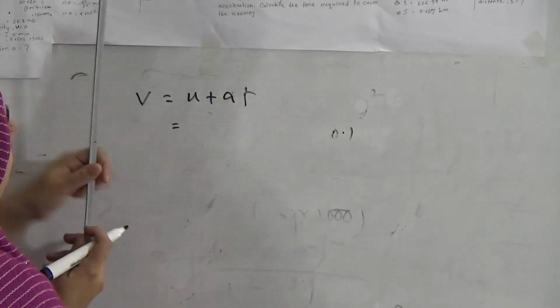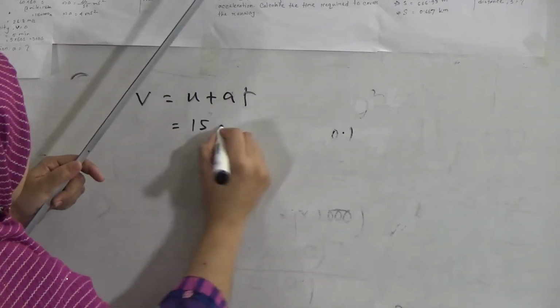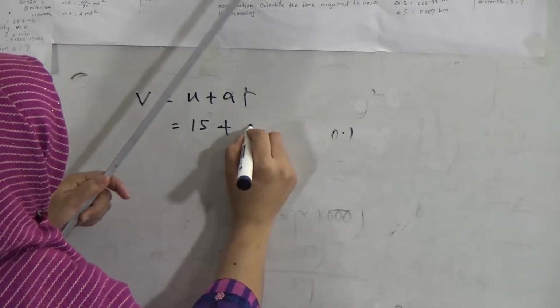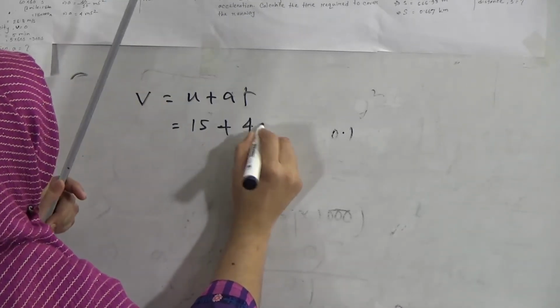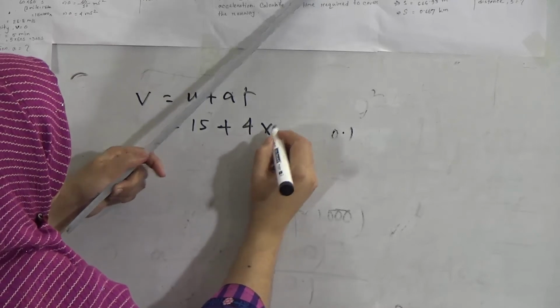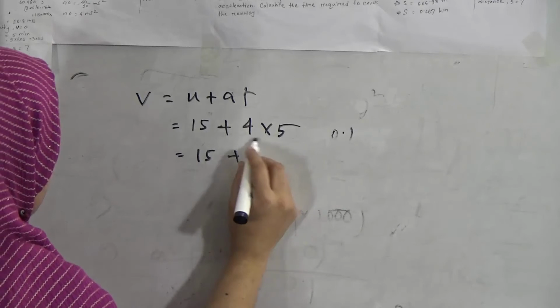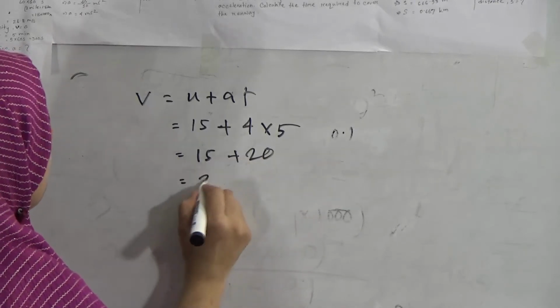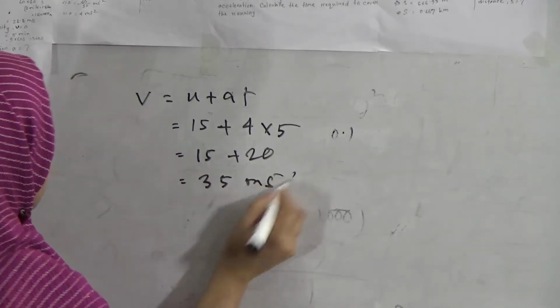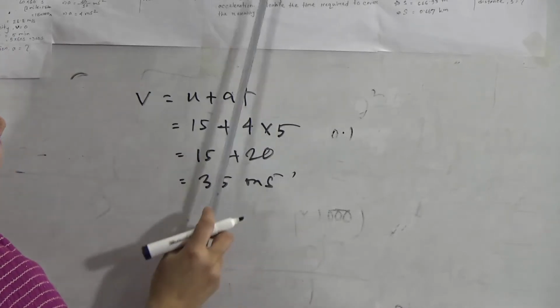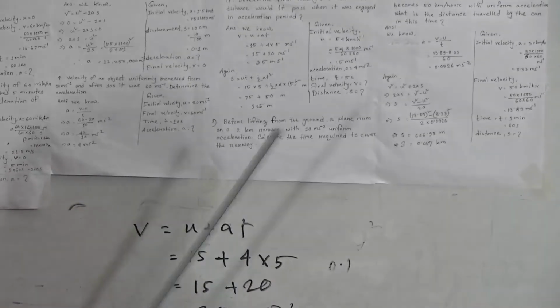Here u is 15 meter per second plus a, 4, into t, 5 seconds. Very easy calculation: 4 5s are 20, that means 35 meter per second. The final velocity will be 35 meter per second.